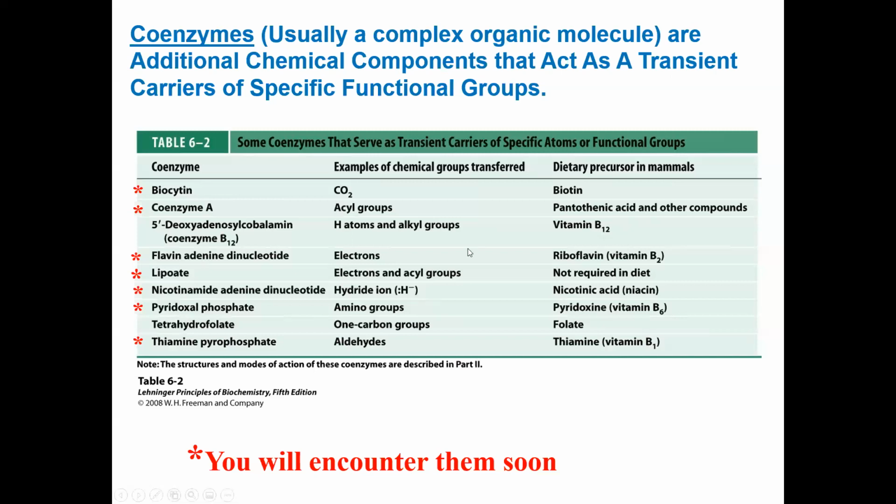It's just not very well understood. So you'll see that it's not required in the diet. NAD, you will see NAD plus, nicotinamide adenine dinucleotide. This is another redox cofactor that also is involved in the transfer of electrons in the form of hydride. And its dietary precursor is nicotinic acid, and so on.